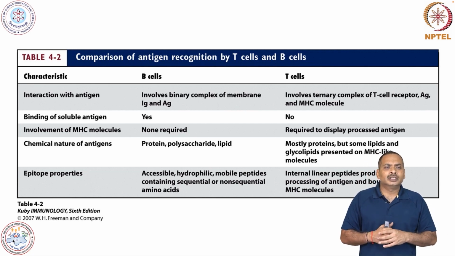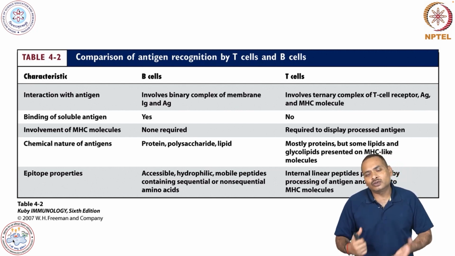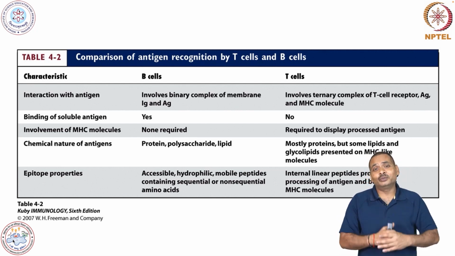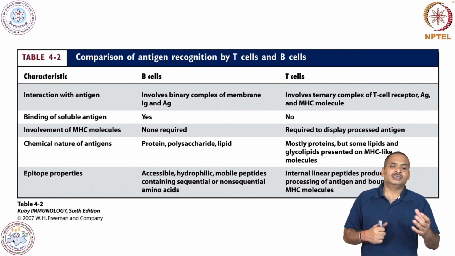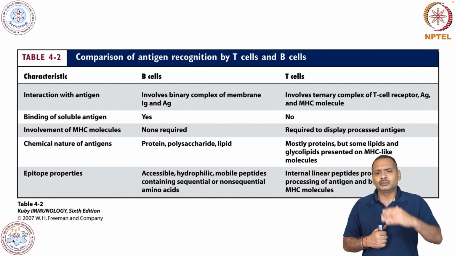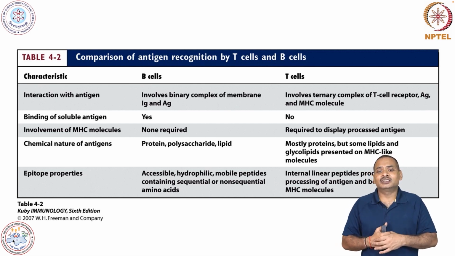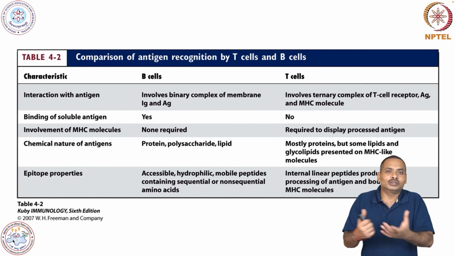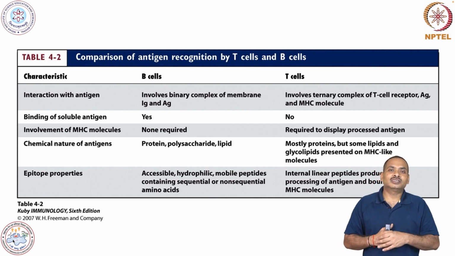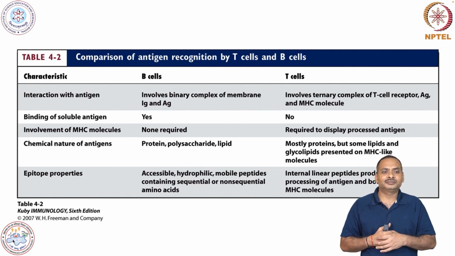Involvement of MHC molecule: in the case of B cells there is no direct involvement of MHC for recognition. But in the case of T cells it is most important. It requires presentation of antigen along with MHC molecule. Without that, the T cell cannot activate or recognize the antigen.